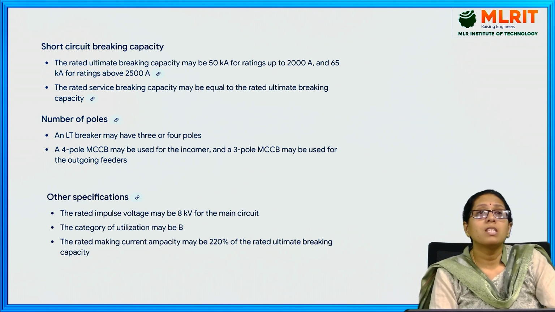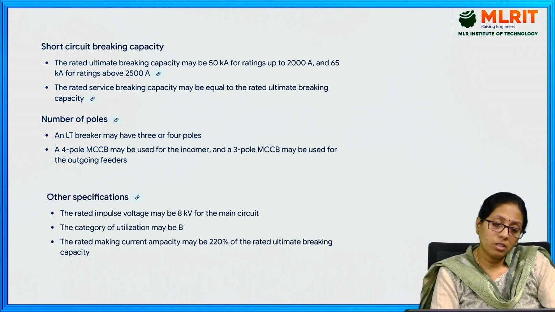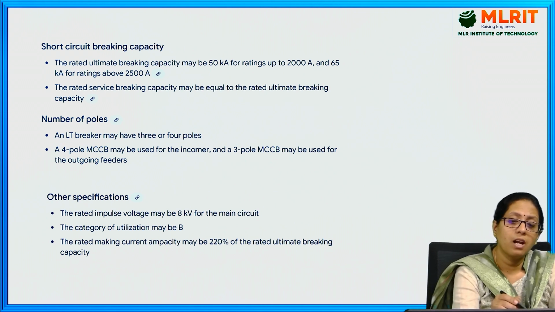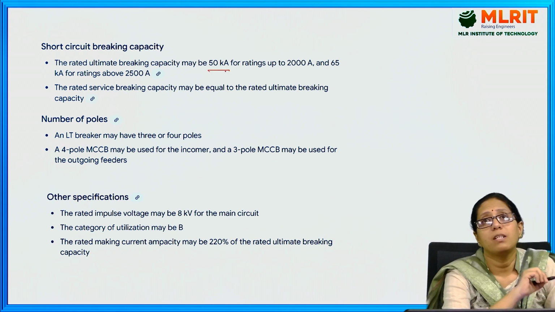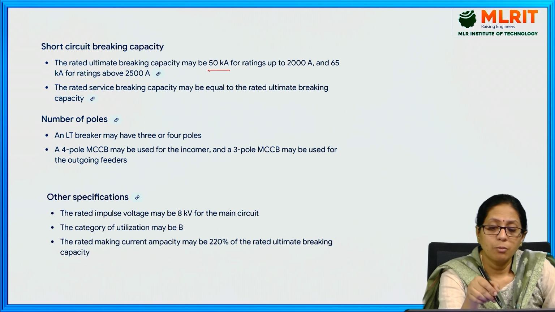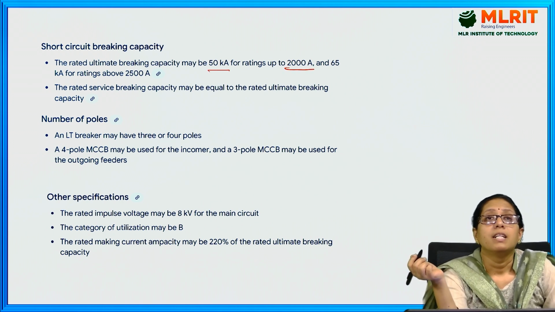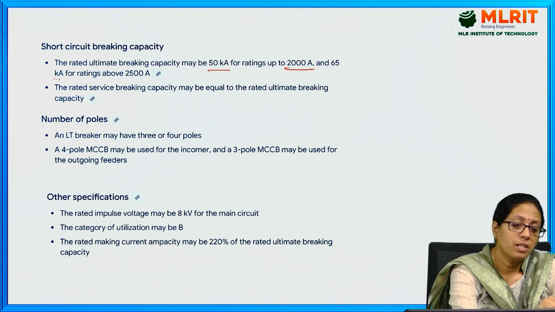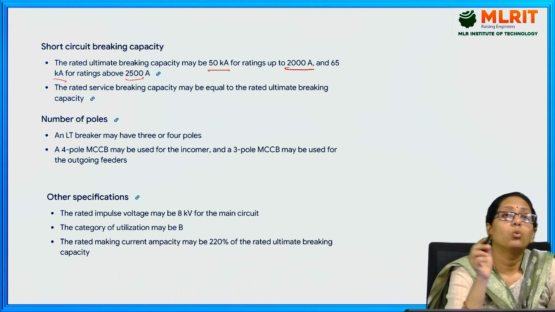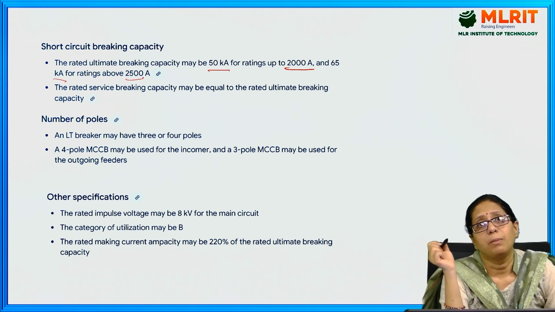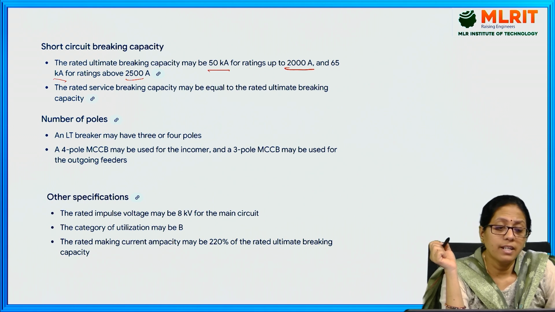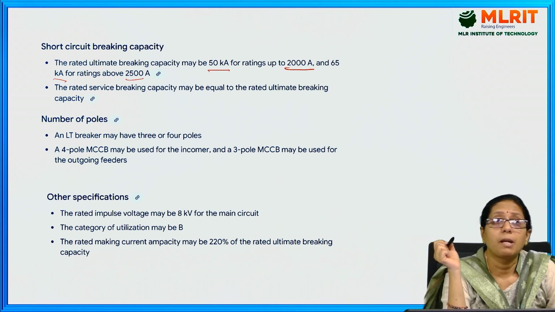The next one is short circuit breaking capacity. The short circuit breaking capacity may be around 50 kilo amperes for ratings up to 2000 amperes and 65 kilo amperes for ratings above 2500 amperes. The rated service breaking capacity may be equal to the rated ultimate breaking capacity.